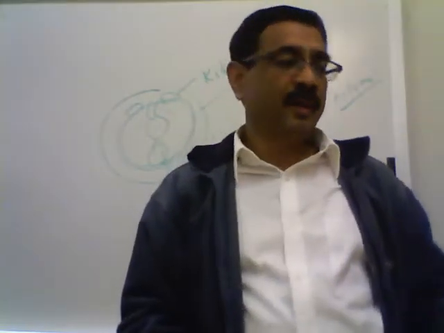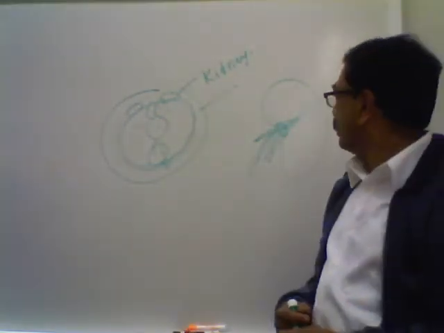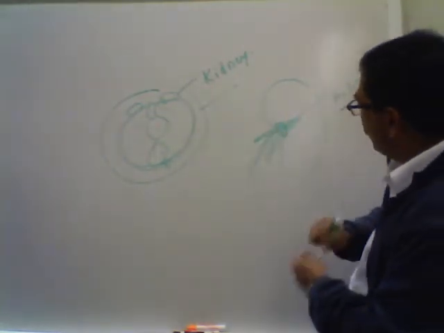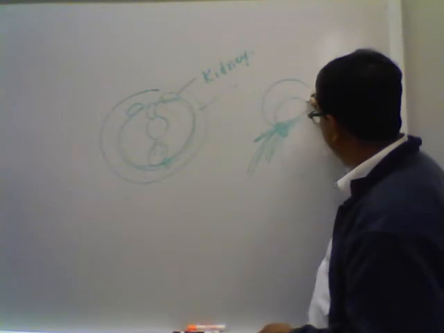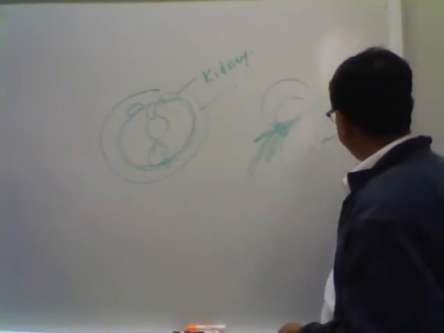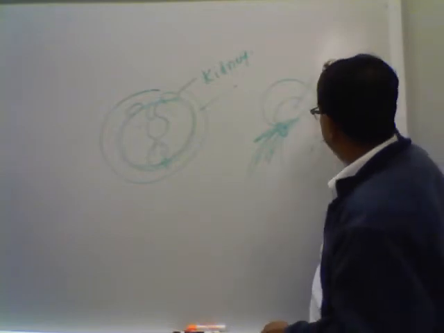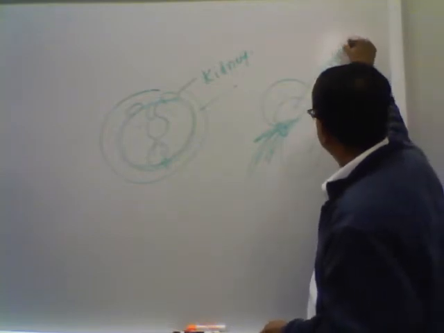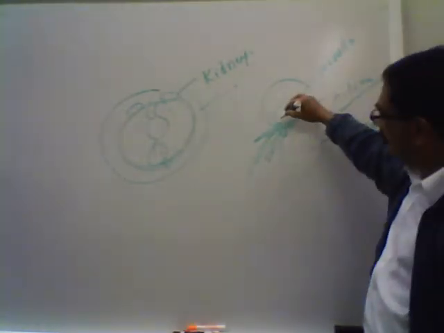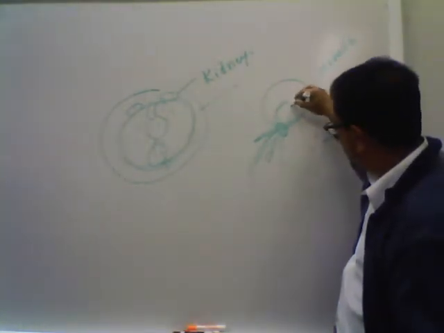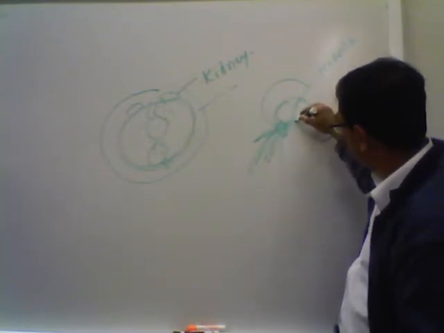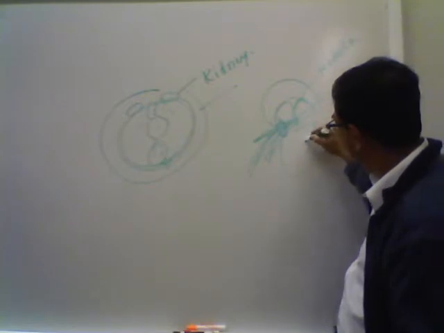Now, inside the kidney, if you cut the kidney and see inside it, it has an outer part which is called the cortex, and the inner part is called the medulla. Okay, and inside the medulla, you will see triangular, pyramid-shaped structures. Those are called renal pyramids.